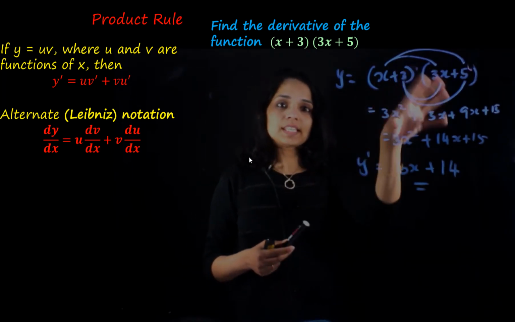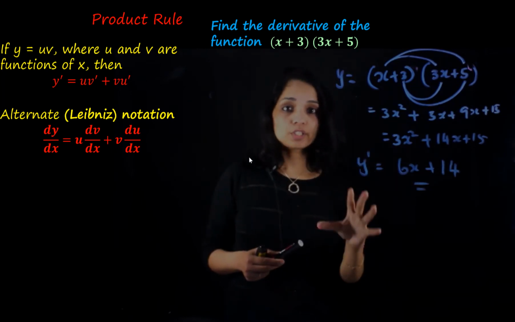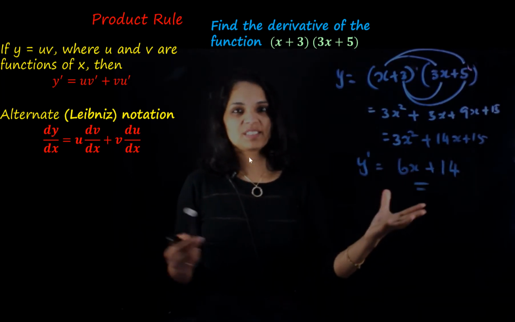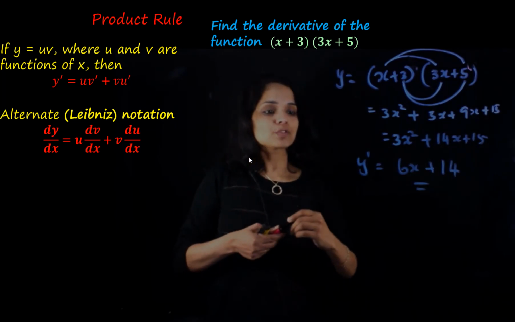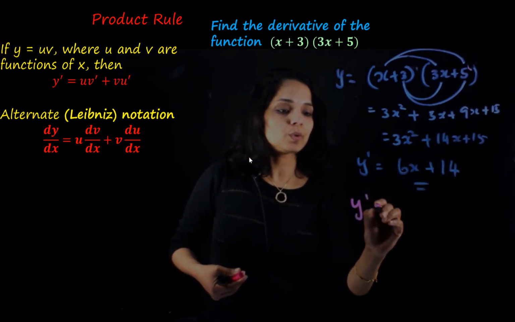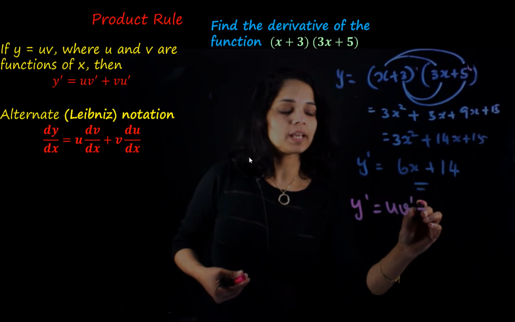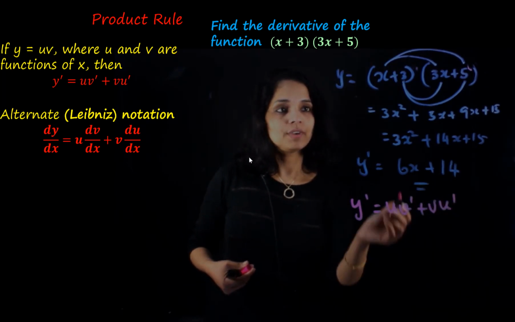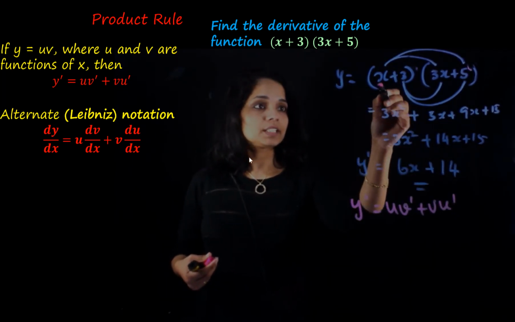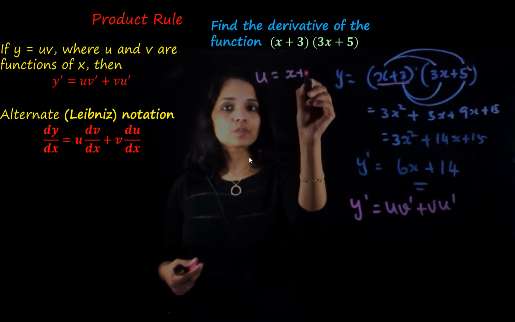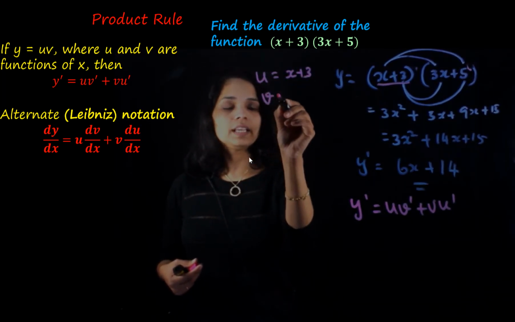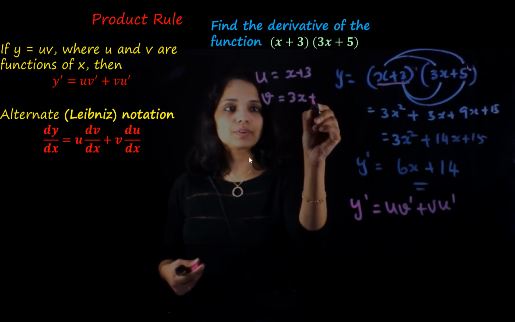So let's do this example using the product rule as well, and then we can compare the result. It should be the same answer. The product rule says y dash equals u v dash plus v u dash, where in this question we are taking x plus 3 as u, so u is x plus 3 and v is 3x plus 5.